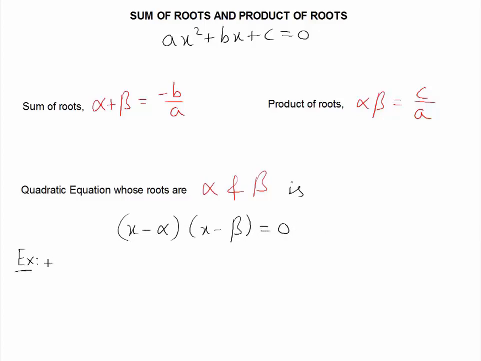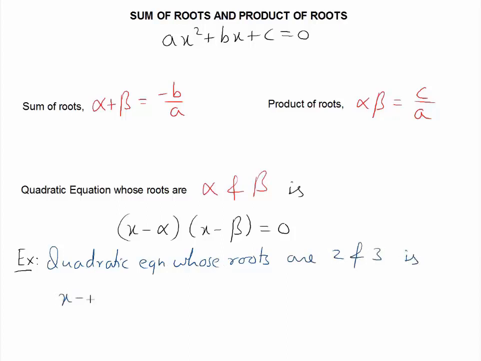So example, let's find a quadratic equation whose roots are 2 and 3. So the equation will be x minus 2 multiplied by x minus 3 equals 0.